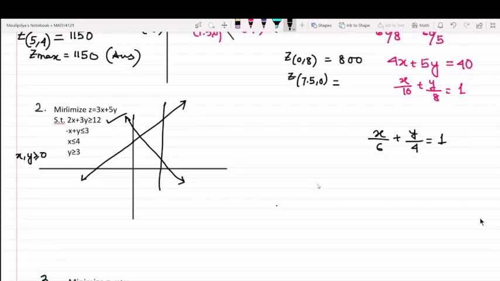You have x equal to 4. This is the coordinate, sorry, this is minus 3, 0. This is 0, 3. Am I right?